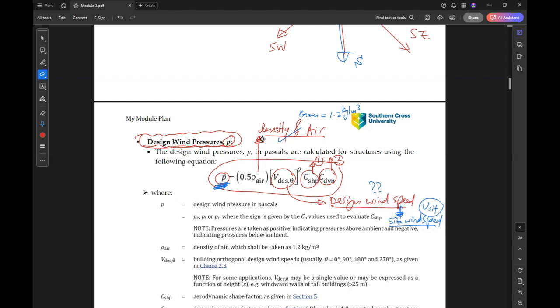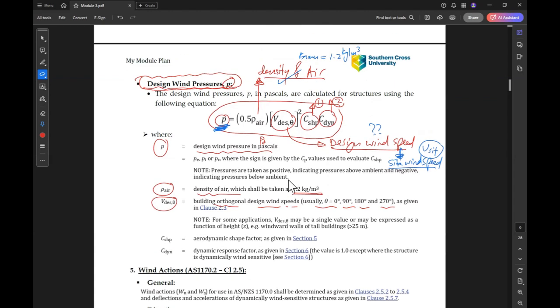The wind pressure, in pascals, equals 0.5 rho air, the density of air, which can be taken as 1.2 kilograms per cubic meter, times V design theta squared. V design theta is the building orthogonal design wind speed at theta 0, 90, 180 and 270.